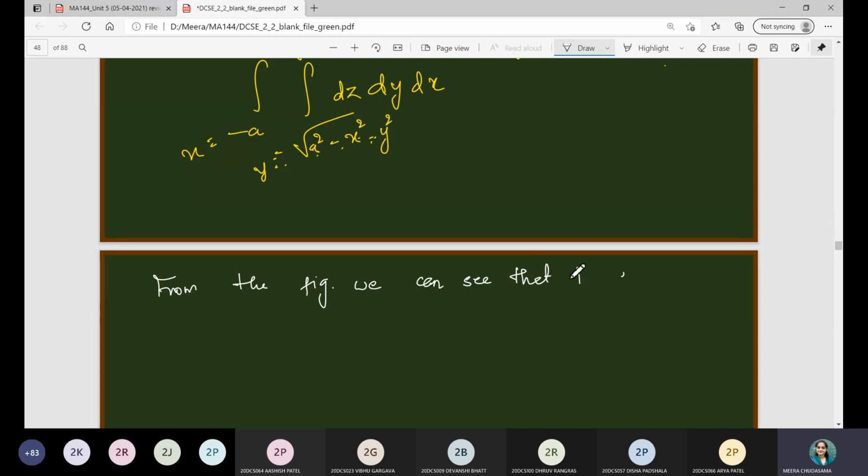We can see that the limits of the variables are varying as follows.